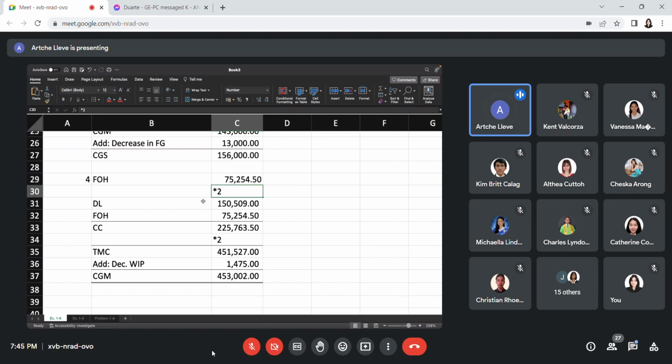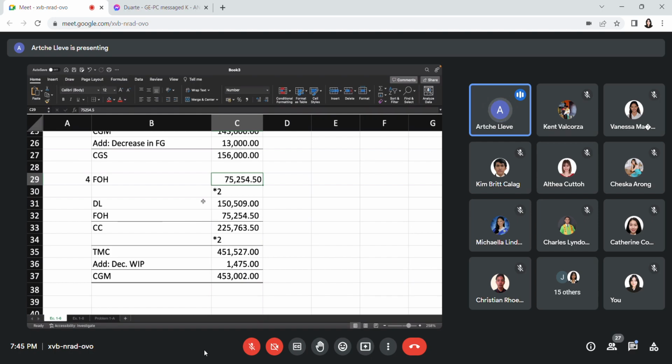So therefore, since we have not yet gotten the total manufacturing cost, let's move on first to your conversion cost. We already know that the conversion cost comprises direct labor and factory overhead. Since direct labor is not given, what we're going to do now is get it from the factory burden.